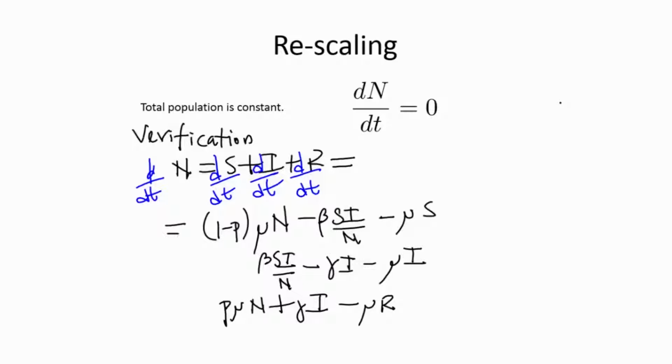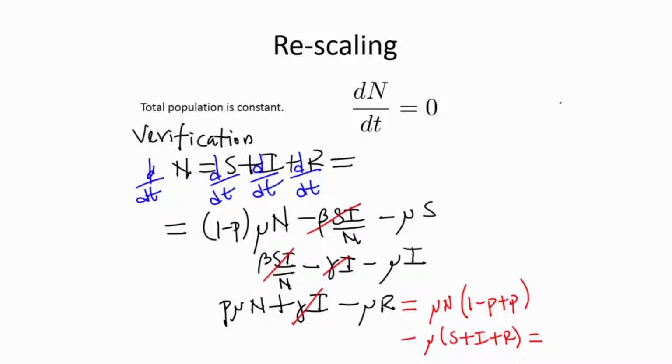So this equals the sum of the derivatives, and you can see that this term cancels with that term, the gamma I cancels with this term, and it turns into, we can add here mu n factor 1 minus p plus p, and then we have minus mu times S plus I plus R.